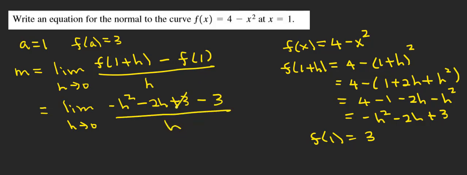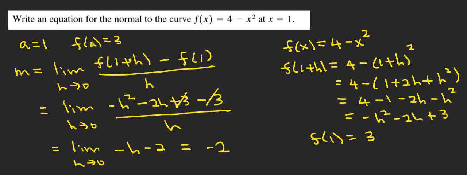Well, 3 and negative 3 cancel out. And look, you can divide both terms by h. So you end up getting negative h minus 2. When you plug in 0, you're going to get negative 2. So that is the slope of the tangent line.